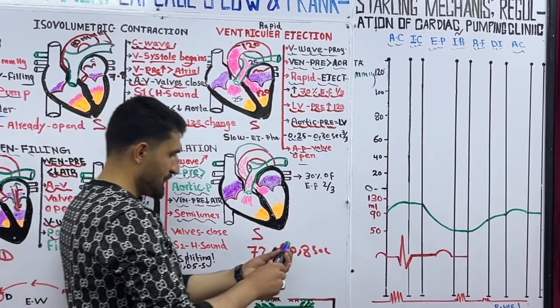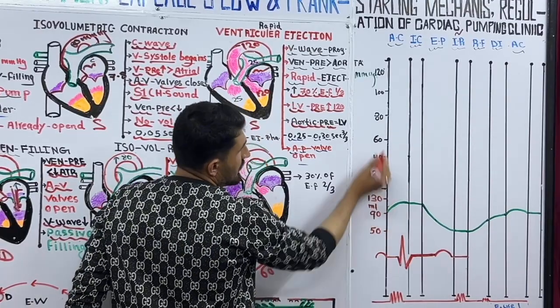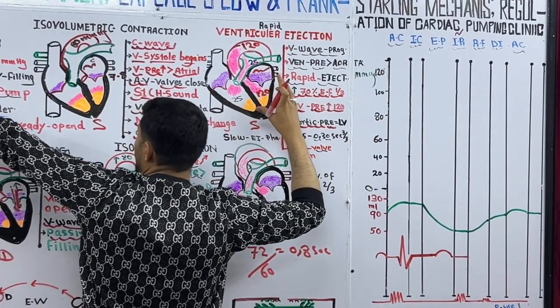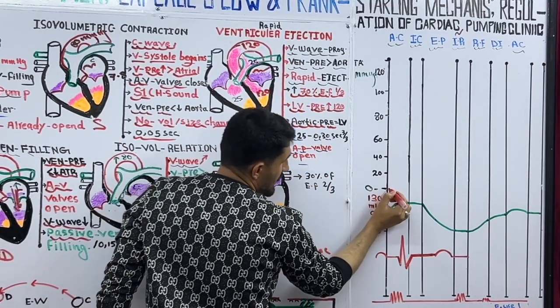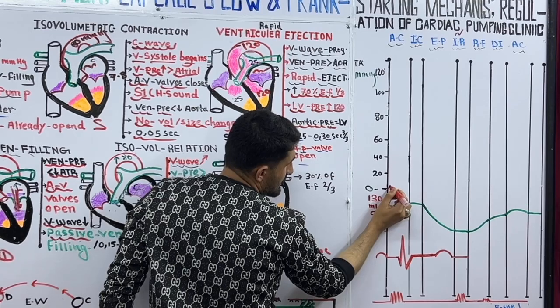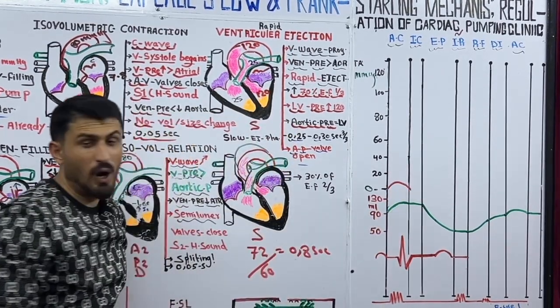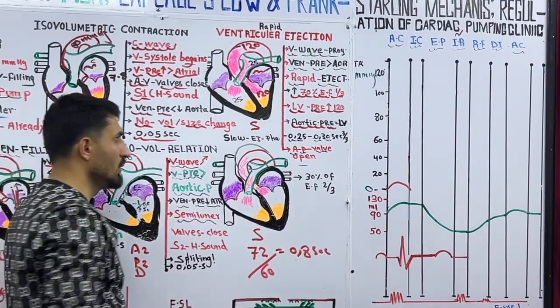Got it? Now about the atria, this is the atrial contraction phase. During the atrial contraction phase, a small wave is produced, which is called the A wave, and this is around 8 millimeter Hg, or mercury.